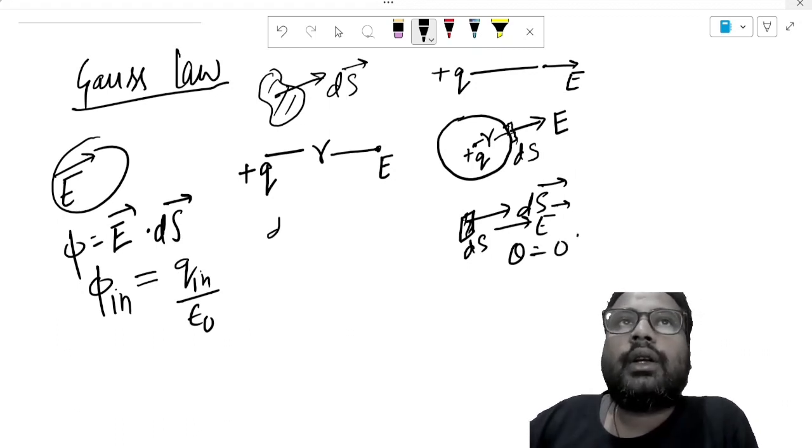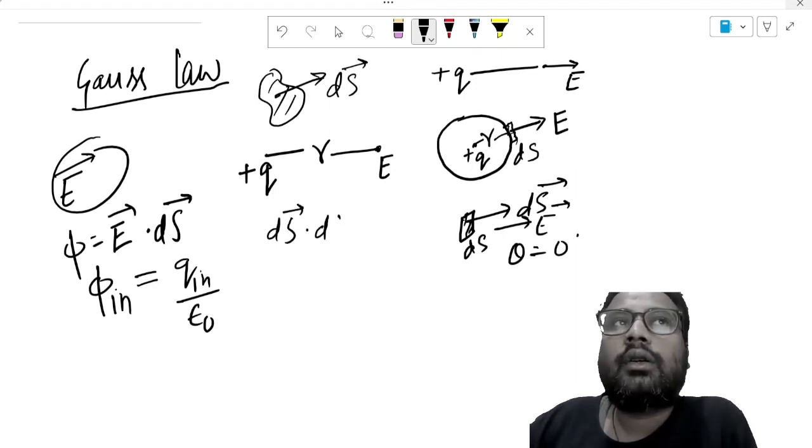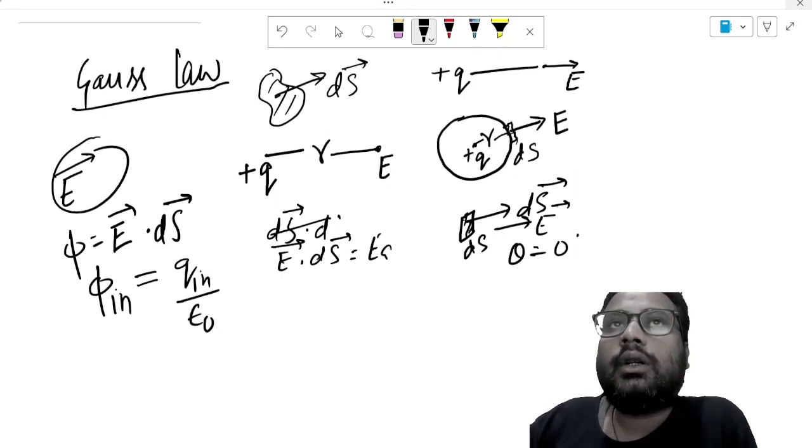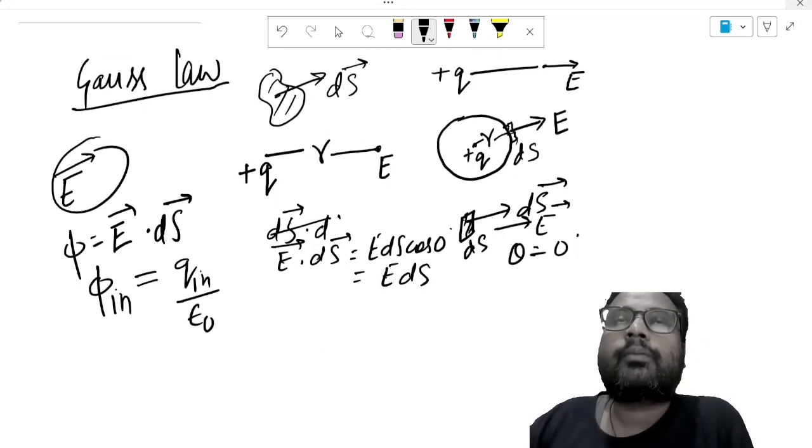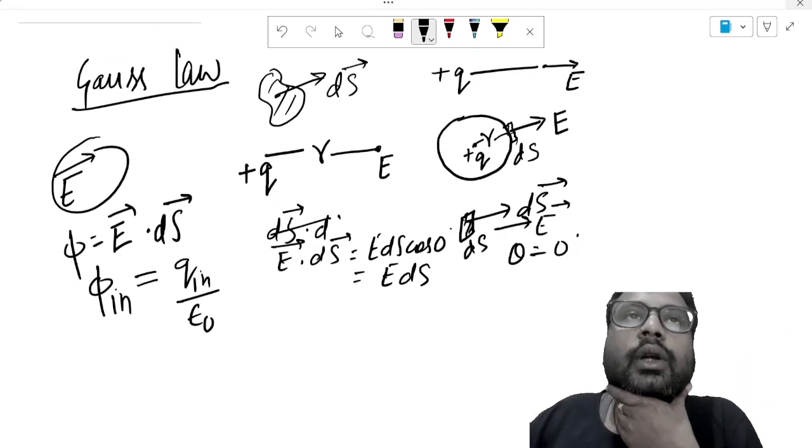So if we calculate E dot ds vector, this will be E ds cos 0, which will be equal to E ds. Now we need to calculate two things.